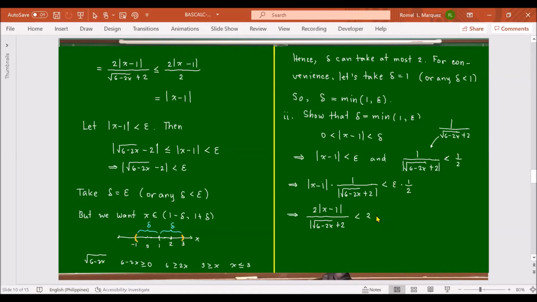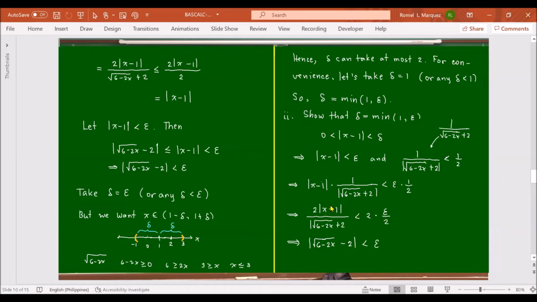I multiply also the right side, epsilon over 2. And this left side is, we know, abs of the square root of 6 minus 2x minus 2, and that is less than epsilon.